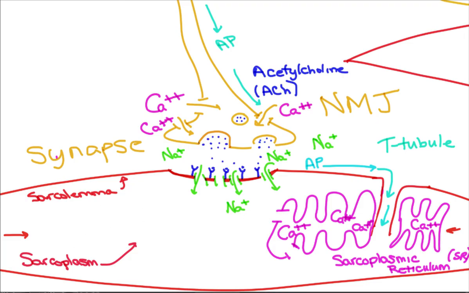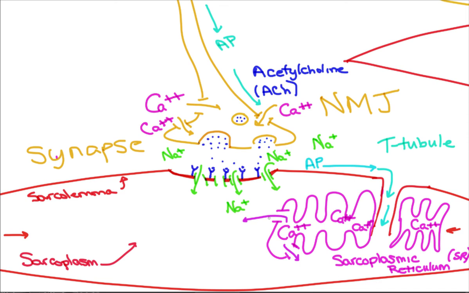So as the calcium gates open, calcium is going to go down its gradient. So remember, calcium can't cross the membrane by itself because it's charged. And so it needs to go through a little gate or tunnel with facilitated diffusion.